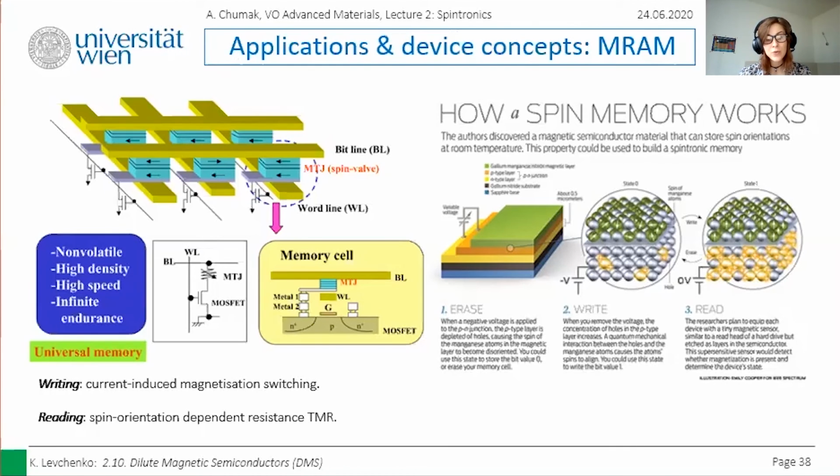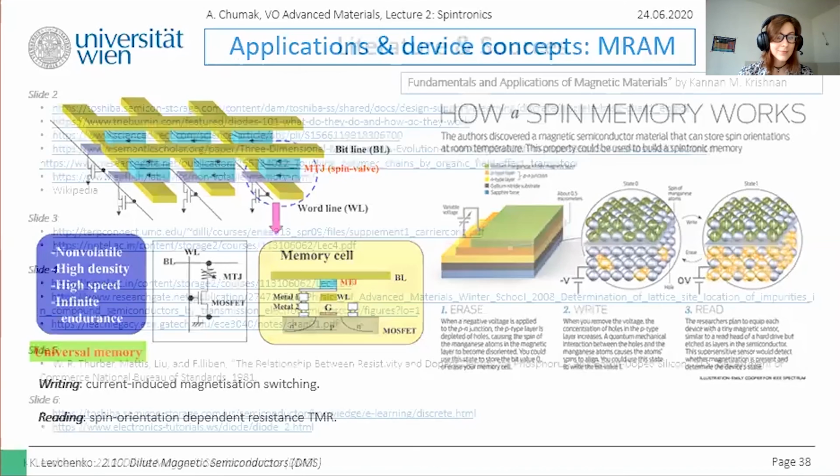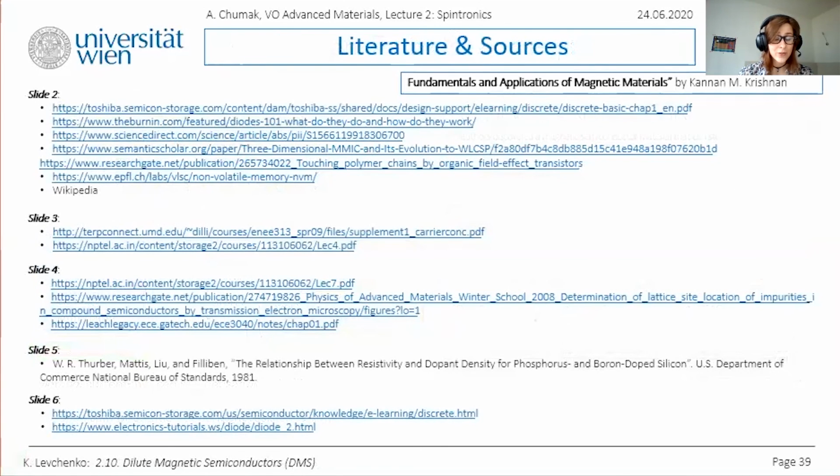This can lead to a difference in resistance along different pairs of channels, thus creating states of high resistance, low resistance, or zeros and ones, and a possibility to write and read information in such a way.